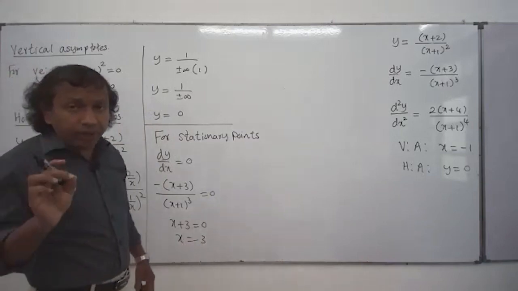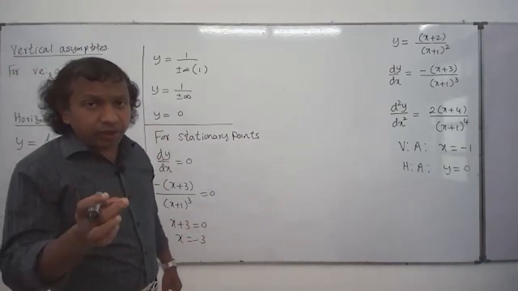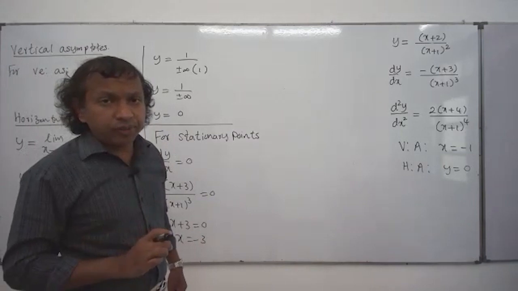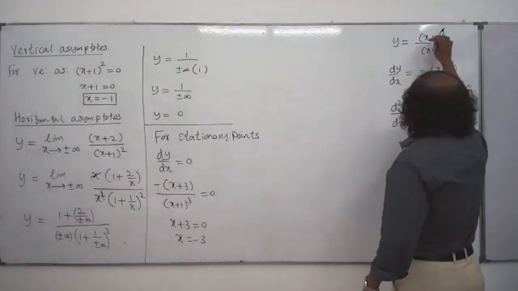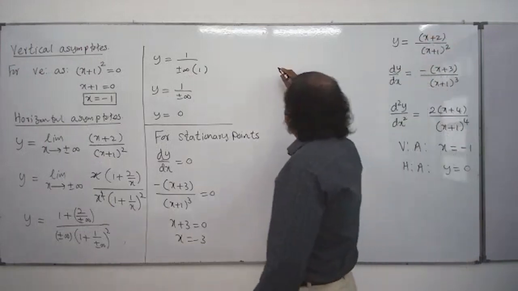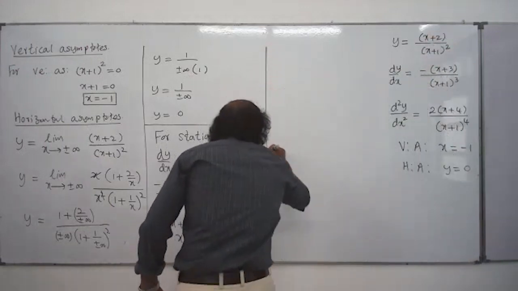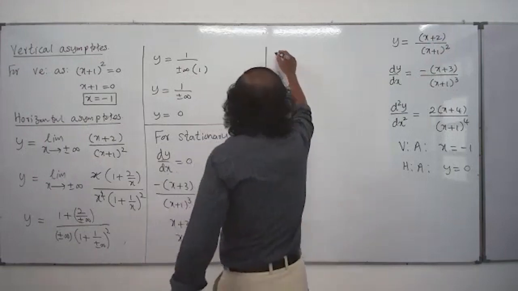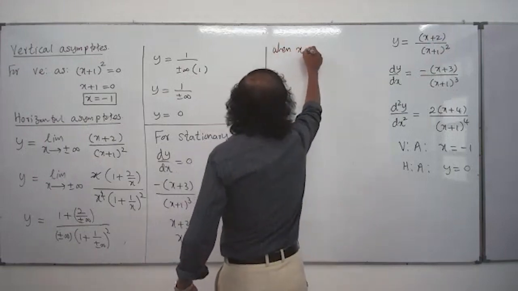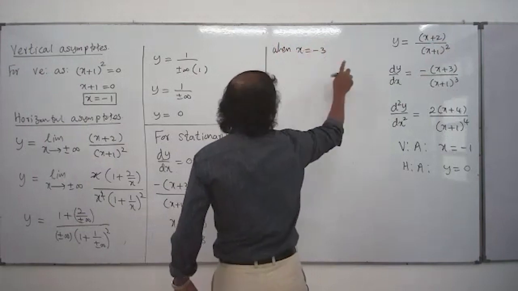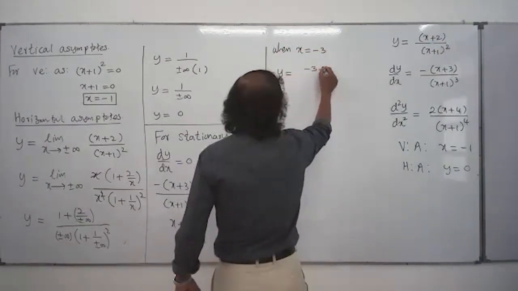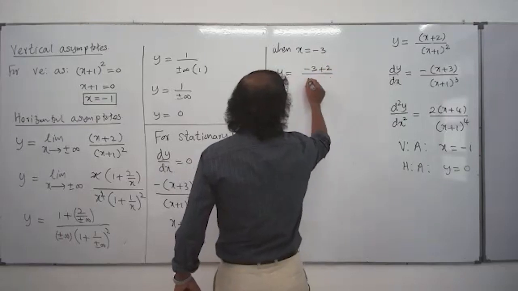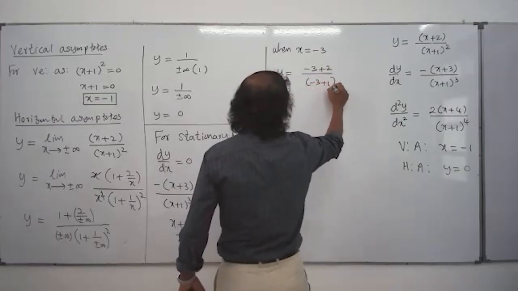Now at that point, it has an x coordinate and a y coordinate. The y coordinate also we have to find. To find it, we put x equals minus 3 in the function. When x equals minus 3, y is (minus 3 plus 2) over (minus 3 plus 1) perfect square.